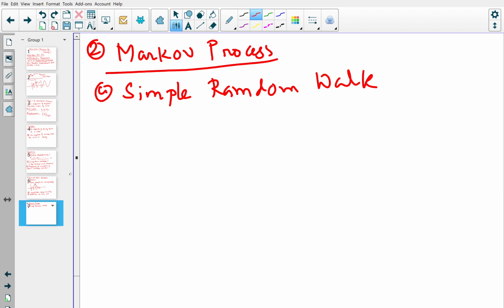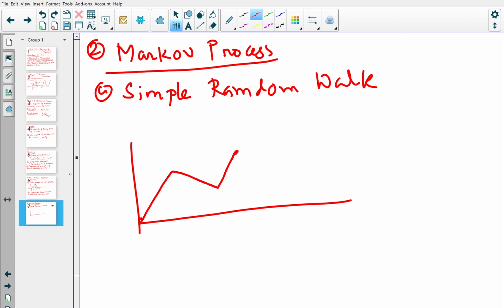There are many other examples. But for example, you start with something, and then you go, and then come back, and then go, then go and come back. This is an example of a simple random walk. We are going to learn this in a future class.